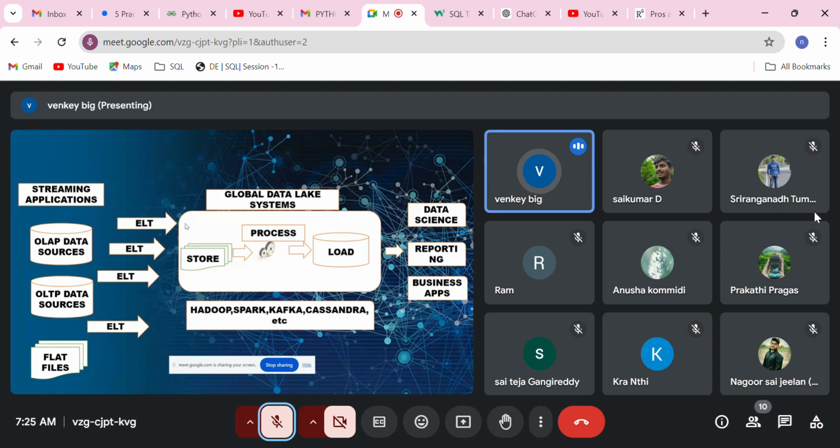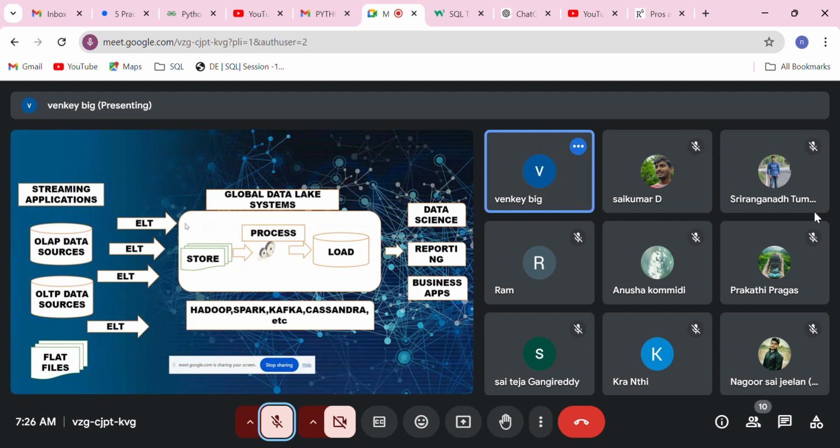Be very, very clear, this is the first and foremost responsibility. Data ingestion is the first and foremost step in data engineering. Be very, very clear. Okay. Your data should be transferred from your source system to your target system.